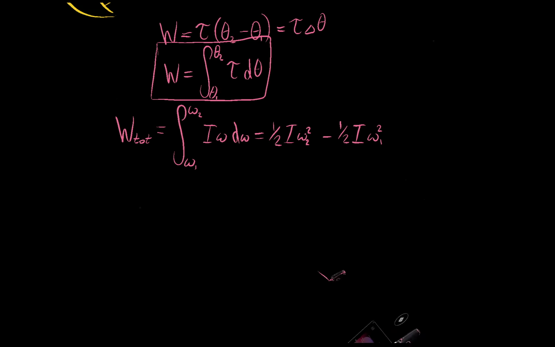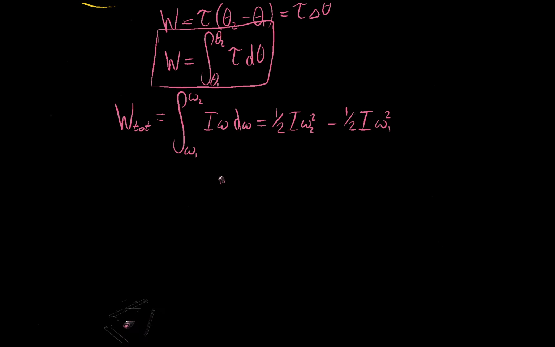And then likewise, the power associated with work done by a torque acting on a rotating body is just the time derivative of this work. So d work dt is equal to tau, the torque, d theta dt.